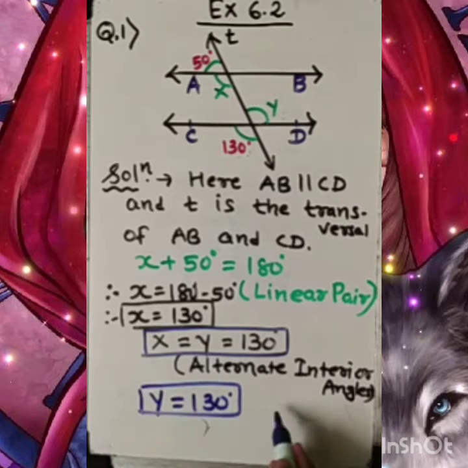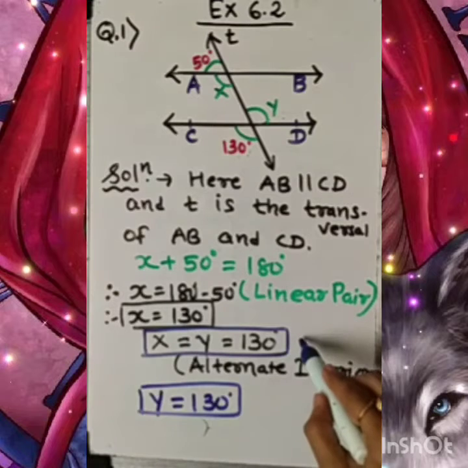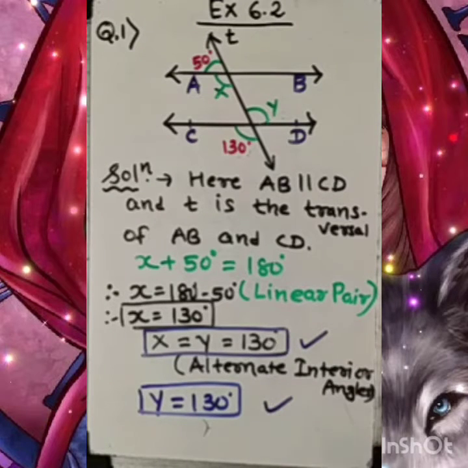Reason behind that, vertically opposite angle. Then also it is true. So according to the question, we only have to find the value of x and y, and there are different reasons which we can apply as a property of transversal line and parallel lines to sort out the values of given unknown variables. Clear to you?